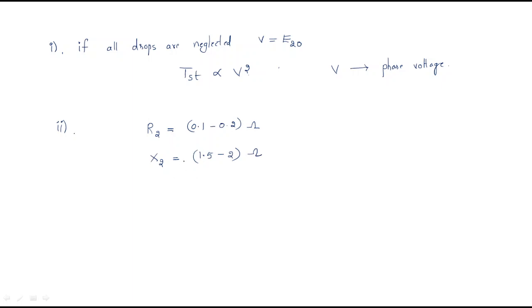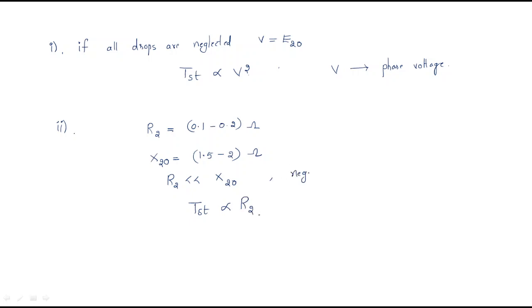So if you observe both, R2 will be very small compared with X2 naught. So we can neglect R2 in the denominator, so directly we can write that the starting torque is proportional to the rotor resistance.